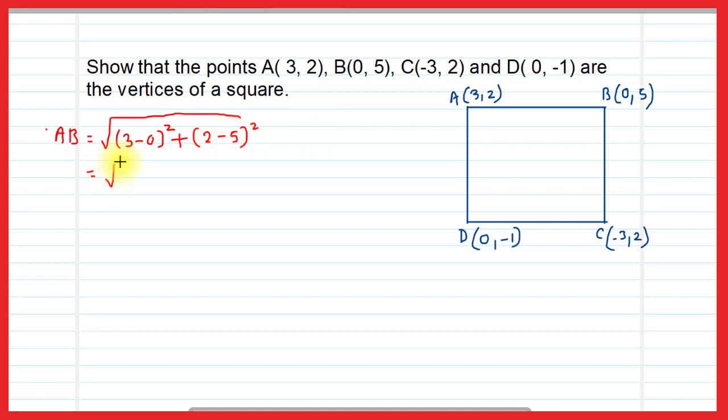Solve this, so 3 minus 0 will be 3 and 3 square will be 9. Now 2 minus 5 will be minus 3, and minus 3 bracket square will be again 9.